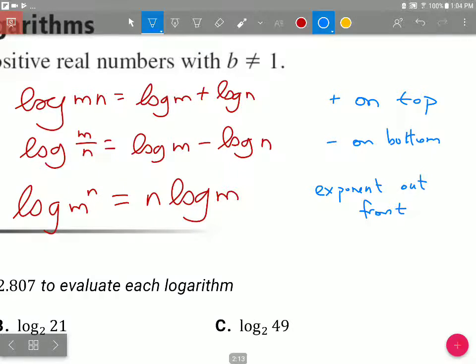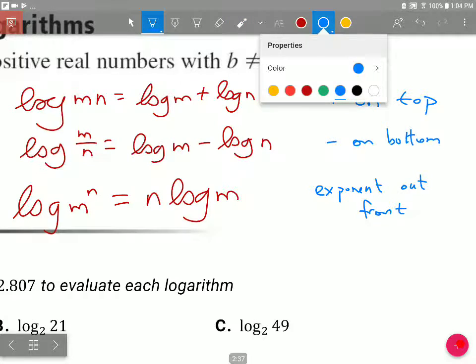You got this m over n. The m is on top, so it's a positive log. The n is on bottom, it's a negative log. All right. If it's an exponent, well, we just shoved it out front. Cool. The same with this one up here, this mn, this very top one. Are these two in the numerator or are they in the denominator? Are they in the top or bottom?